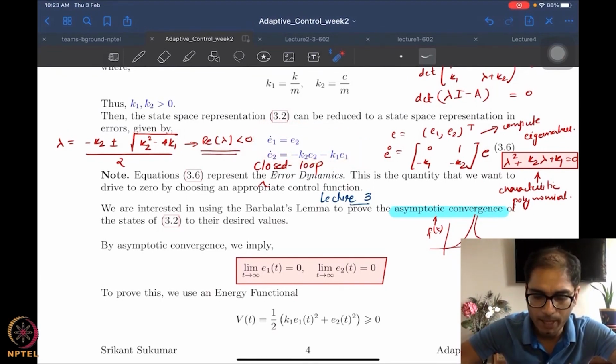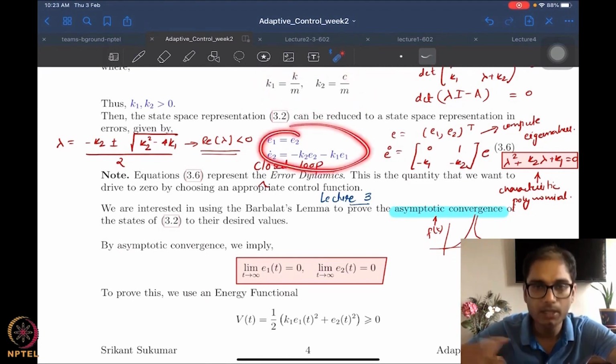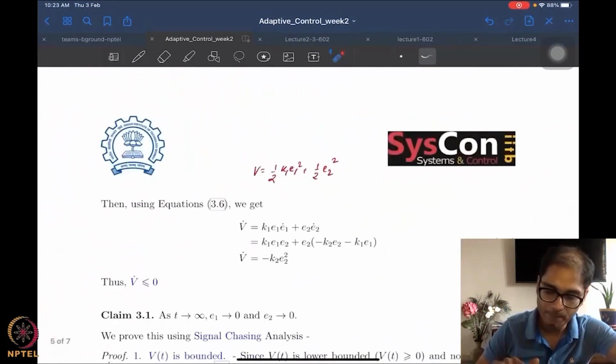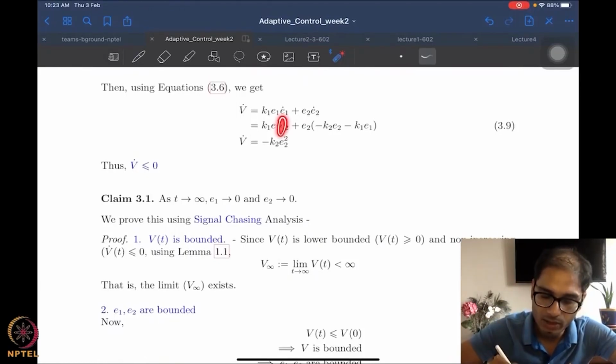Notice we have assumed all the parameters are known and therefore we can reach here without any issues. If these parameters were not known, this is not possible. But we will worry about that later. That is where adaptive control will go. Excellent. So I substitute for e1 dot as e2 and e2 dot as minus k1 e1 minus k2 e2.